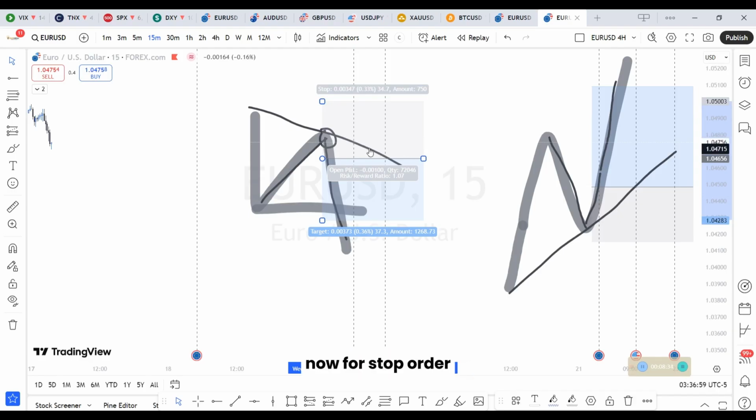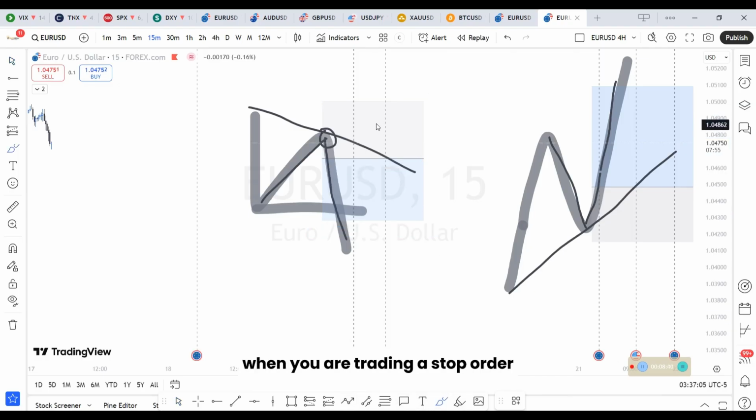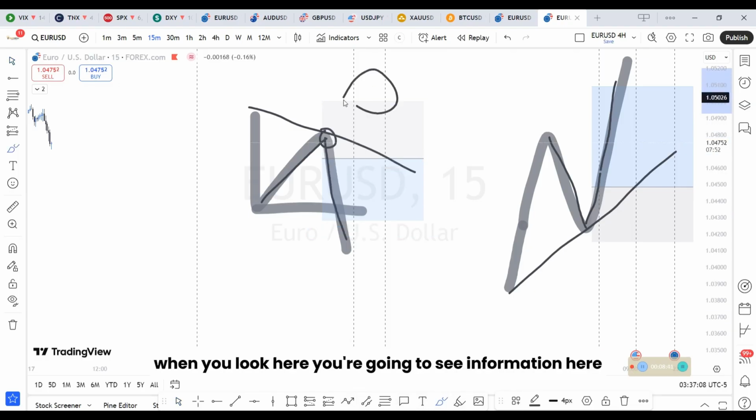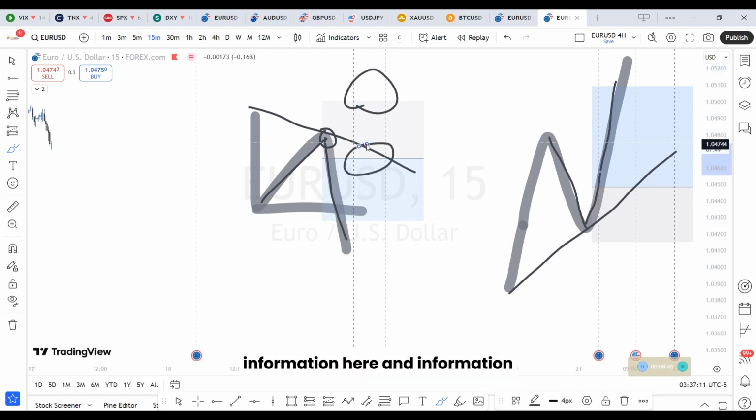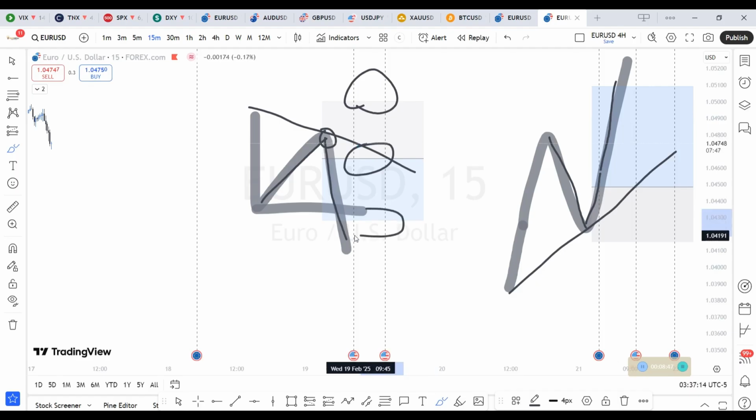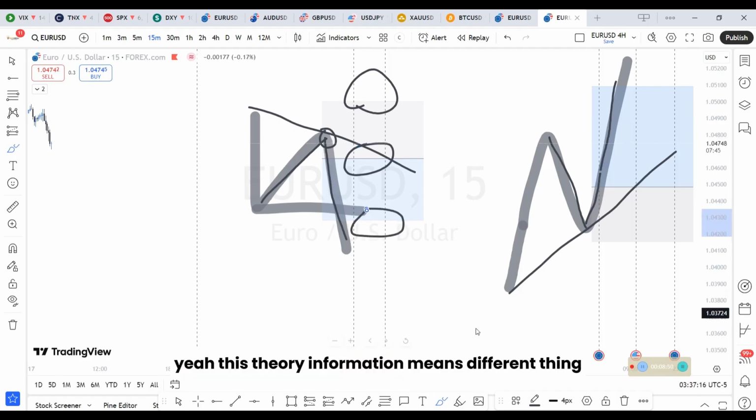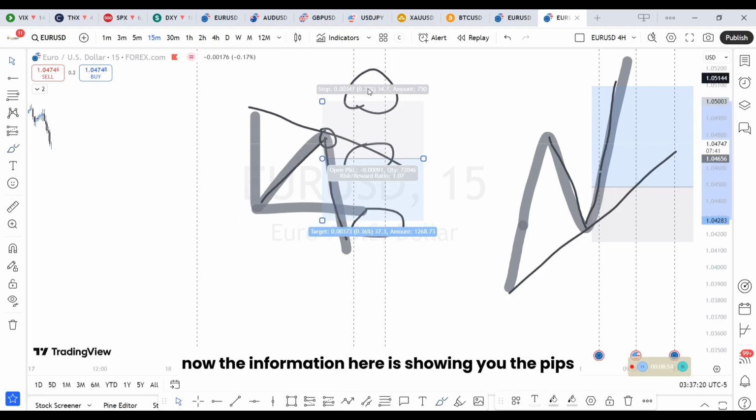Now for a stop order, there is information that you are going to get when you are trading a stop order. When you look here, you're going to see information here, and information here. These three pieces of information mean different things. Now the information here is showing you the pips.